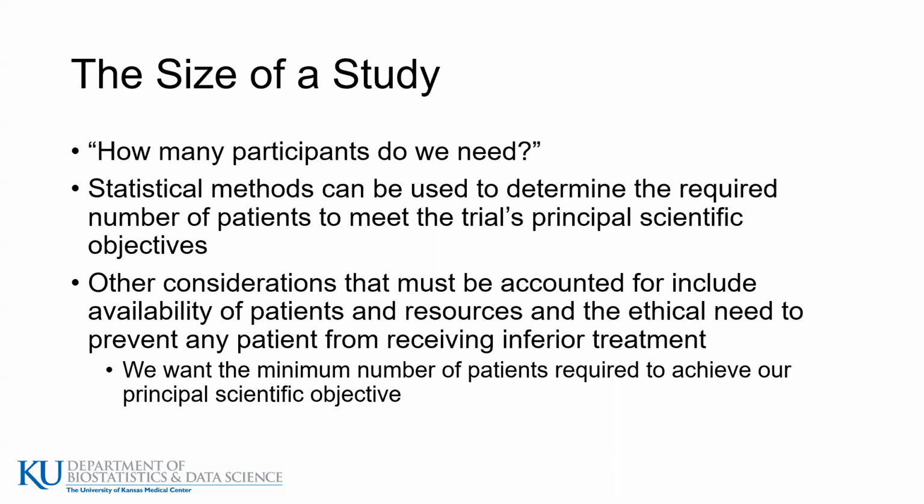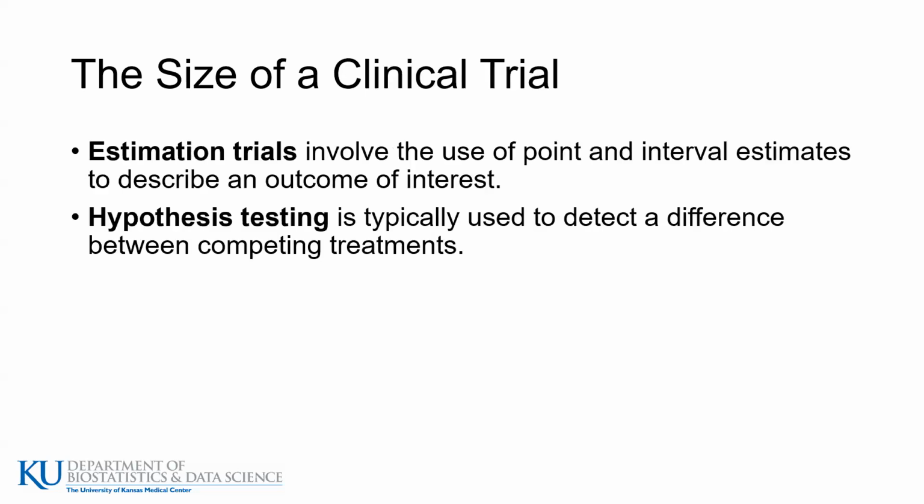And then there are the resources involved with recruiting more subjects, and the ethical need to prevent extra patients from receiving some inferior treatment if we find that that treatment is not as effective as the comparator. So basically, we want to recruit the minimum number of subjects required to meet our scientific objective, but no more than that.